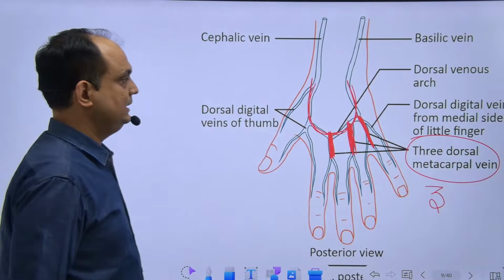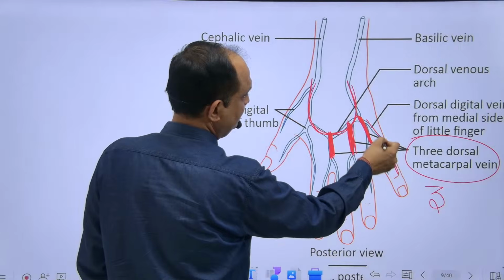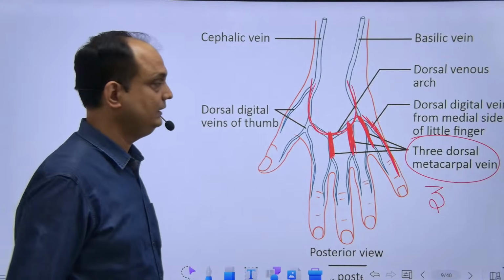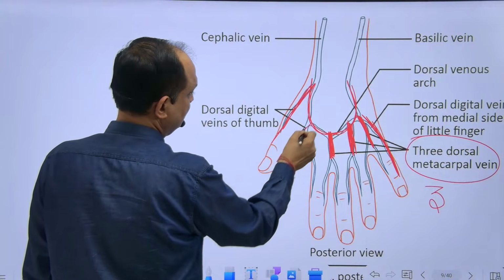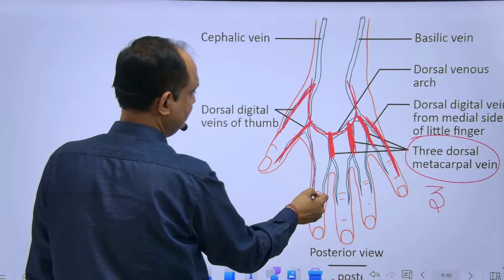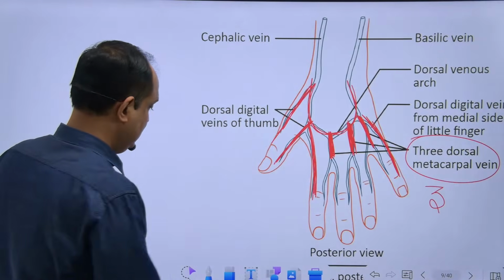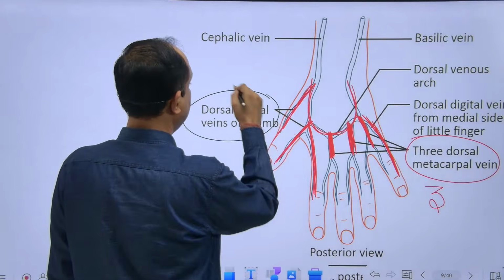Apart from the metacarpal veins, this arch receives a digital vein from the medial border of the little finger. Then it receives a digital vein from both sides of the thumb, and it receives a vein from the lateral border of the index finger. In such a way, you will have 4 digital veins.